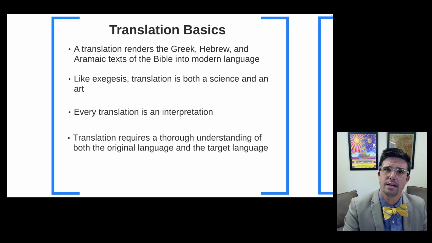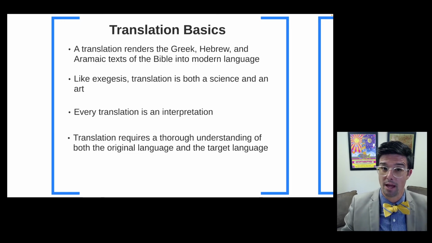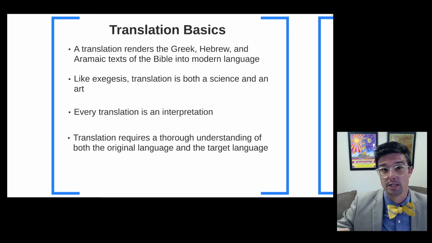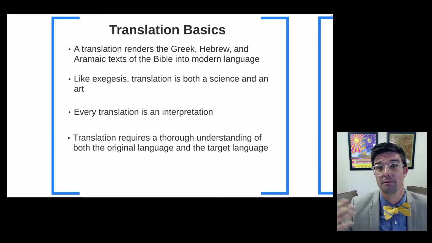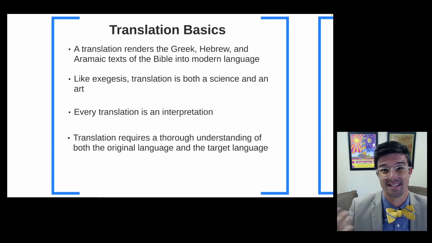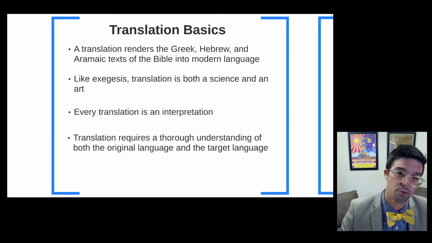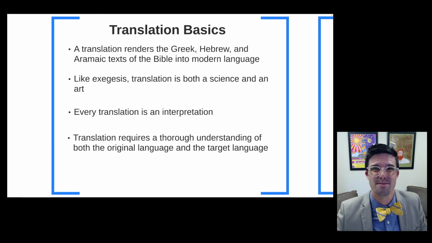And lastly, translation requires an understanding of both the original languages, Greek or Hebrew and Aramaic in our cases, and the language into which the text is being put. For most of us, this is going to be English. So you not only have to understand how the ancient language works, but you have to understand how the modern language works.